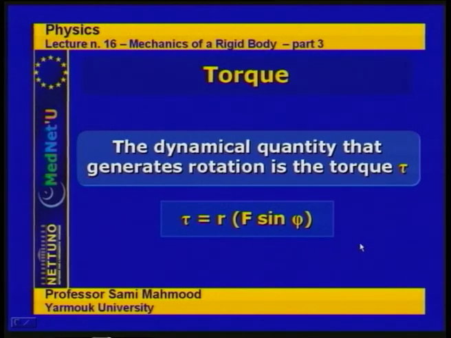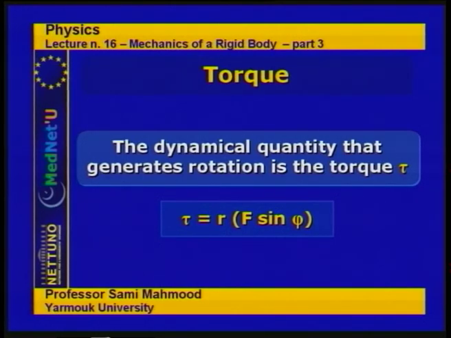If a force is applied on the object, which is fixed at a given point and free to rotate about that point, then the torque or the dynamical quantity that generates the rotation is given by r F sine phi, where phi is the angle.